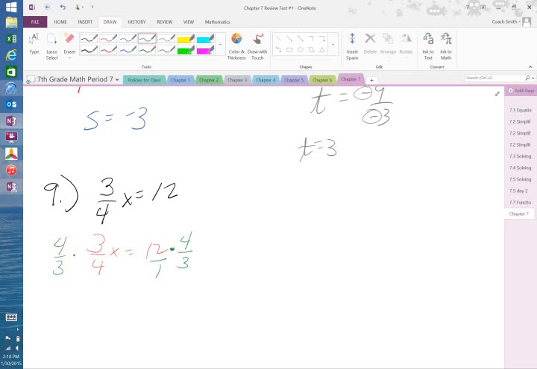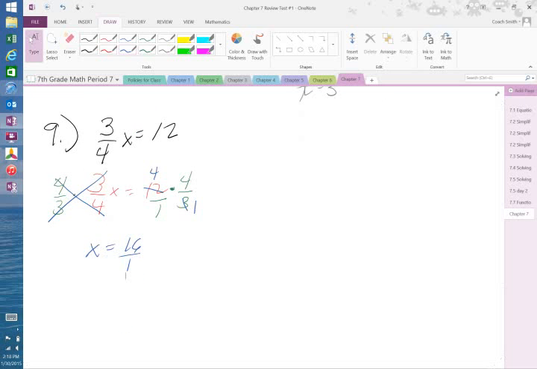So instead of doing all the first little 1, 2 steps, we just take it directly to the reciprocal, multiply both sides by the reciprocal. It cancels on the left side, leaving me with x. Then 3 into 3 goes once, 3 into 12 goes 4 times. 4 times 4 is 16 over 1. So x is equal to 16.